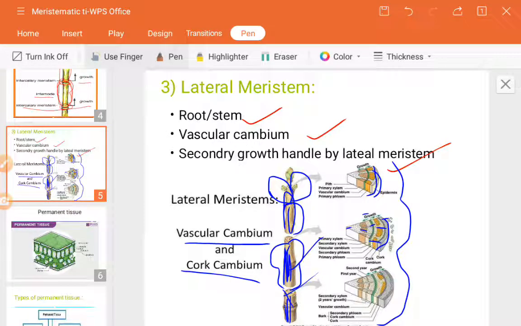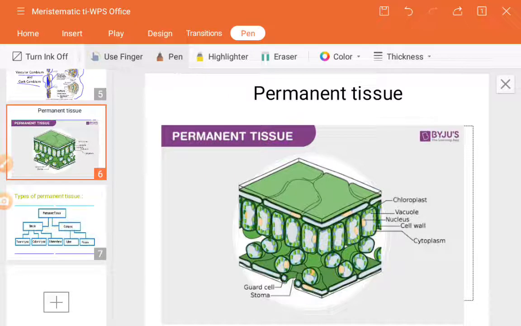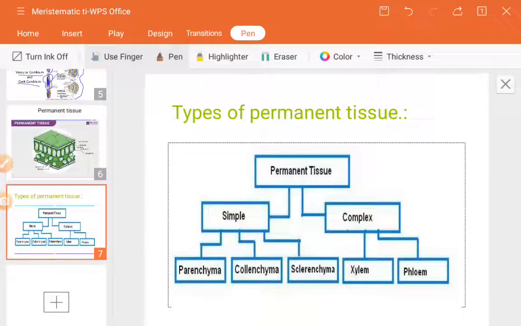So in the next slide, about the permanent tissue, how it looks. The permanent tissue structure I showed here actually looks like this under the microscope. Okay, next is the types of permanent tissues. In types of permanent tissues, you can see the first portion is the permanent tissue.